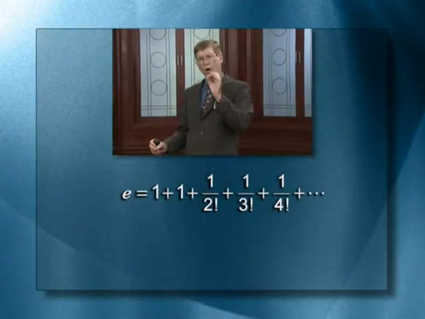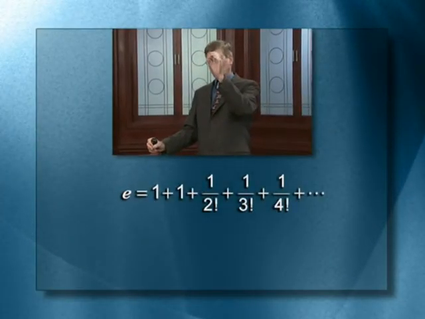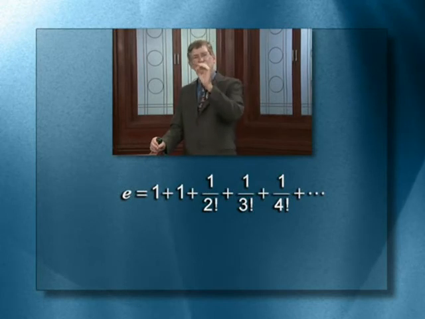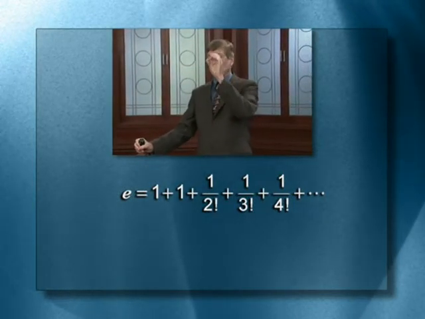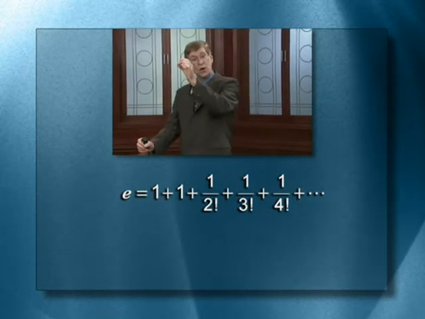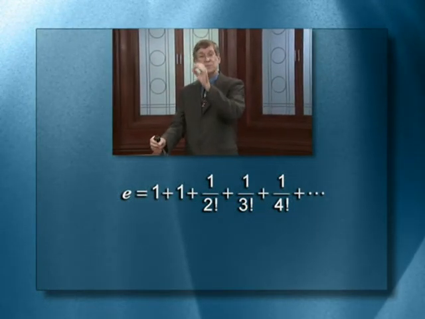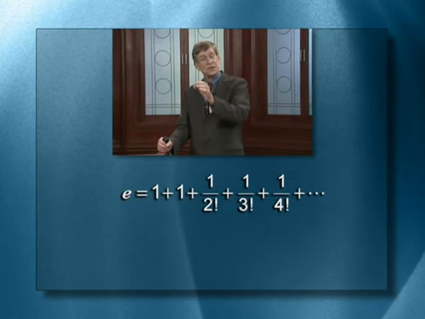But if you start adding up the following numbers, 1 plus 1 plus 1 over 2 plus 1 over what we call 3 factorial, which means 3 times 2, that's 1 over 6, plus 1 over 4 factorial, which means 1 over 4 times 3 times 2.